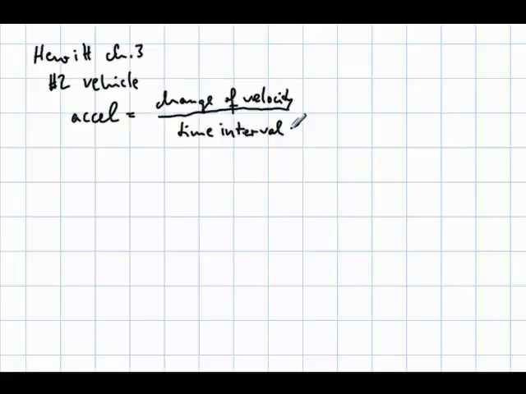So from what is the acceleration of a vehicle that changes its velocity from 100 kilometers an hour to a dead stop in 10 seconds. So the acceleration is going to be 100 kilometers an hour to a dead stop. So I would have to subtract 0 from that.